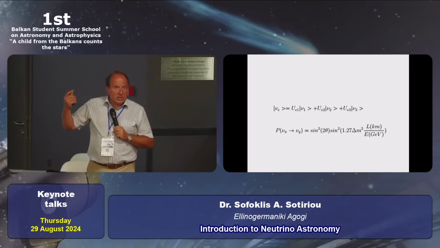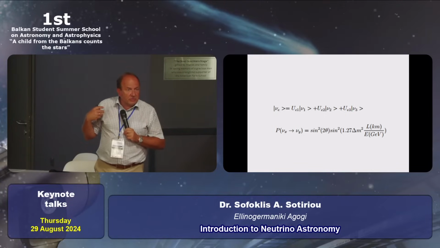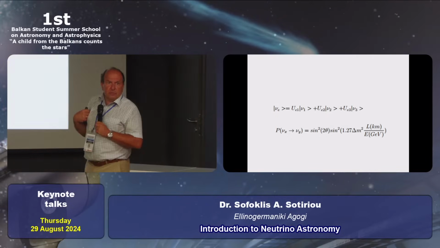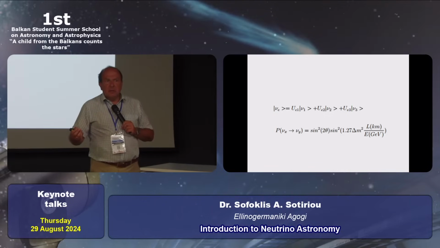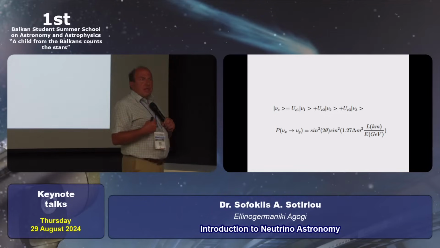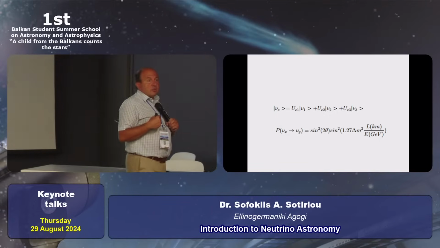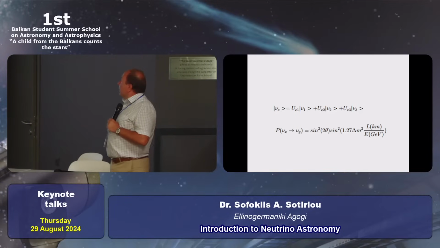This was the theoretical idea that was presented by Bruno Pontecorvo, and it was experimentally proven back in 2015 when the Nobel Prize was awarded for the detection of neutrino oscillations.